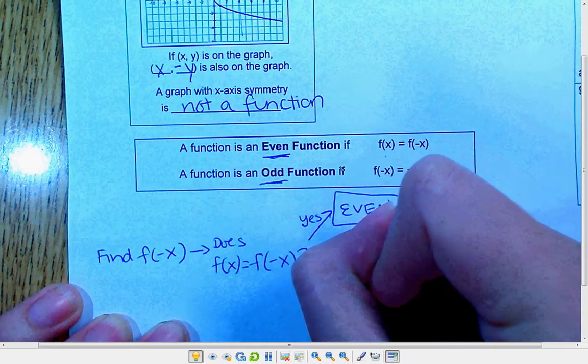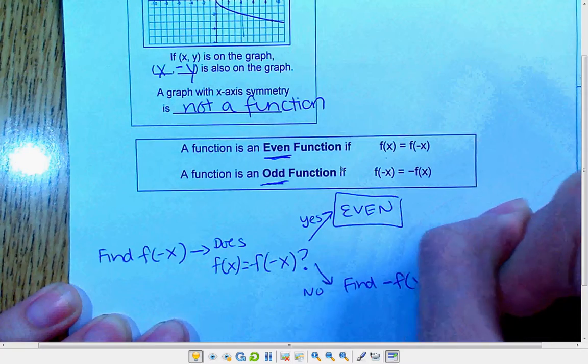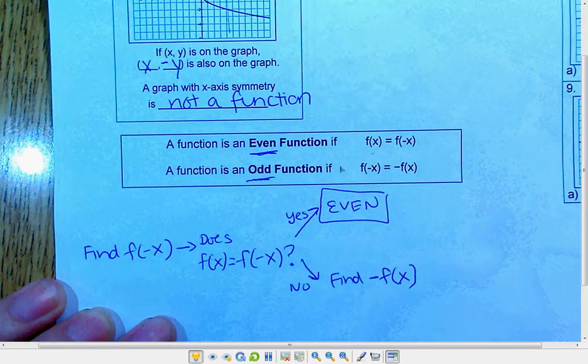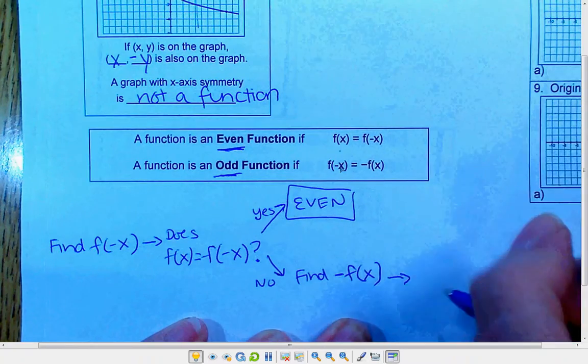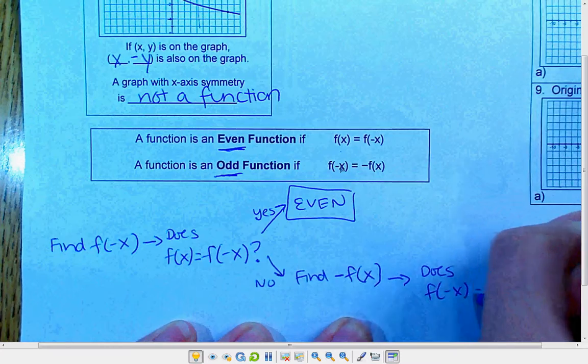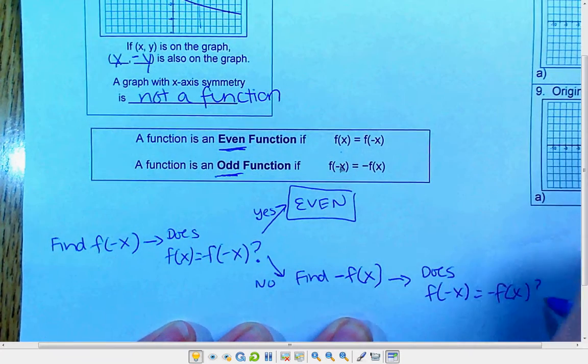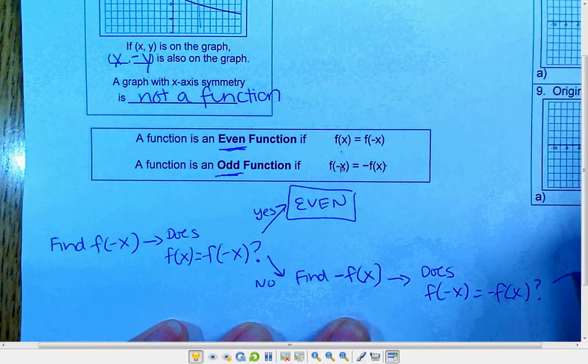If no, then you have to continue and find negative f of x. So now you have the negative on the outside. Once you find negative f of x, you're asking yourself, does f of negative x equal negative f of x? Do these two equal each other?